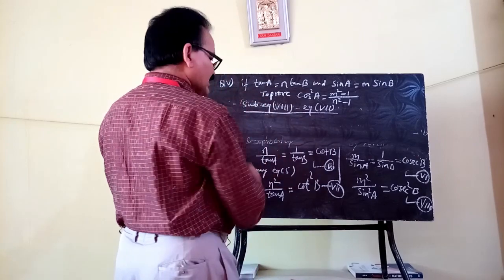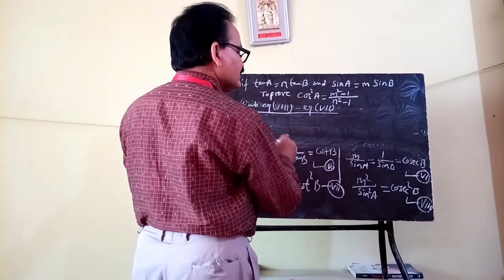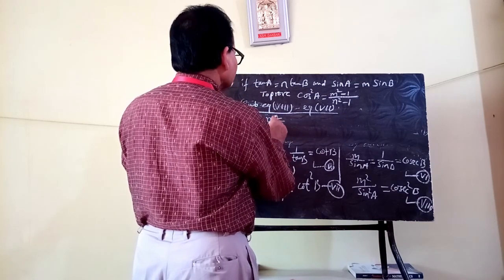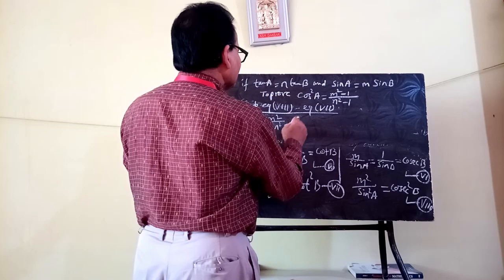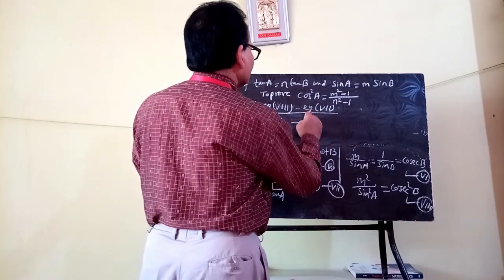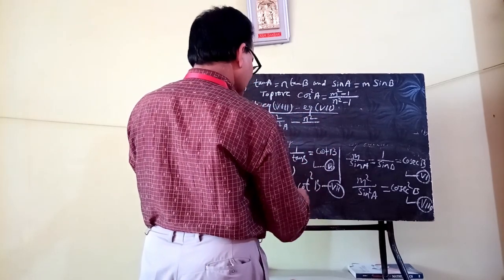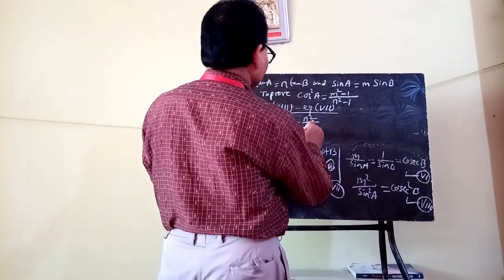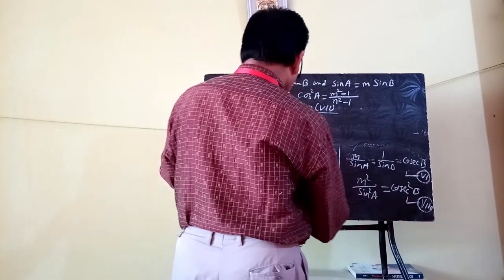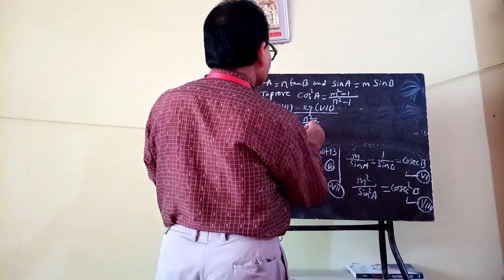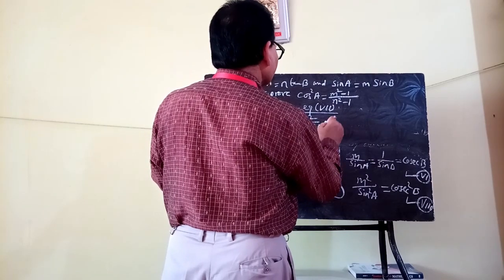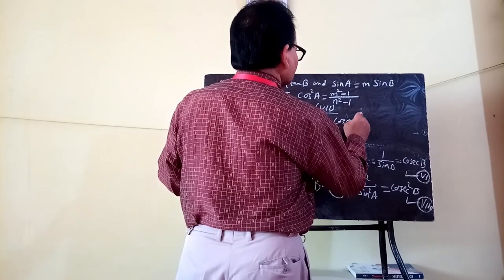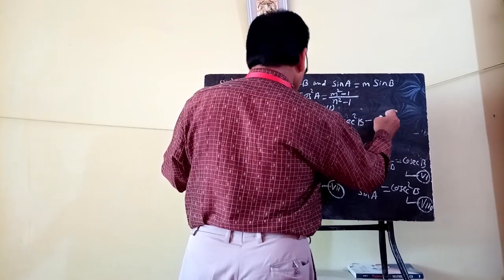After subtracting, you will get m square by sin square A minus n square by tan square A equal to cosec square B minus cot square B.